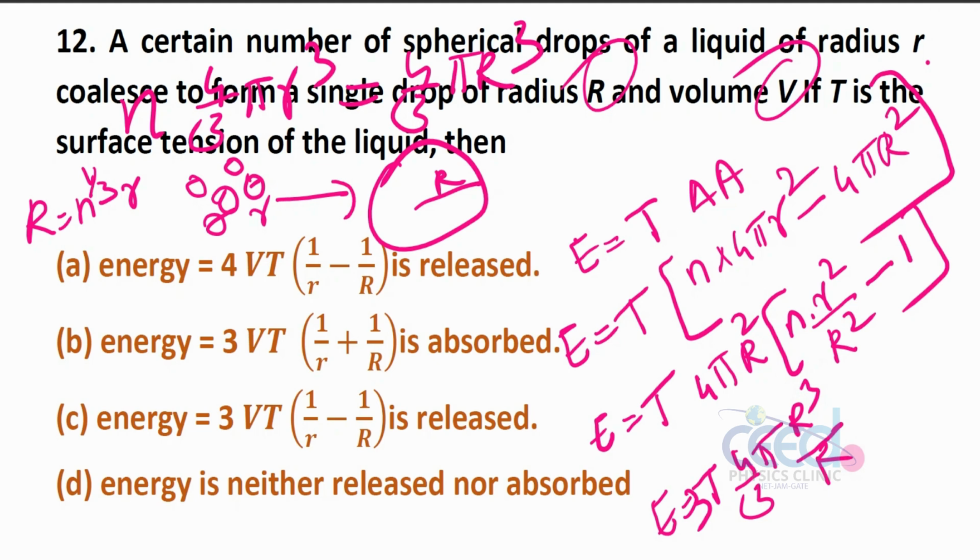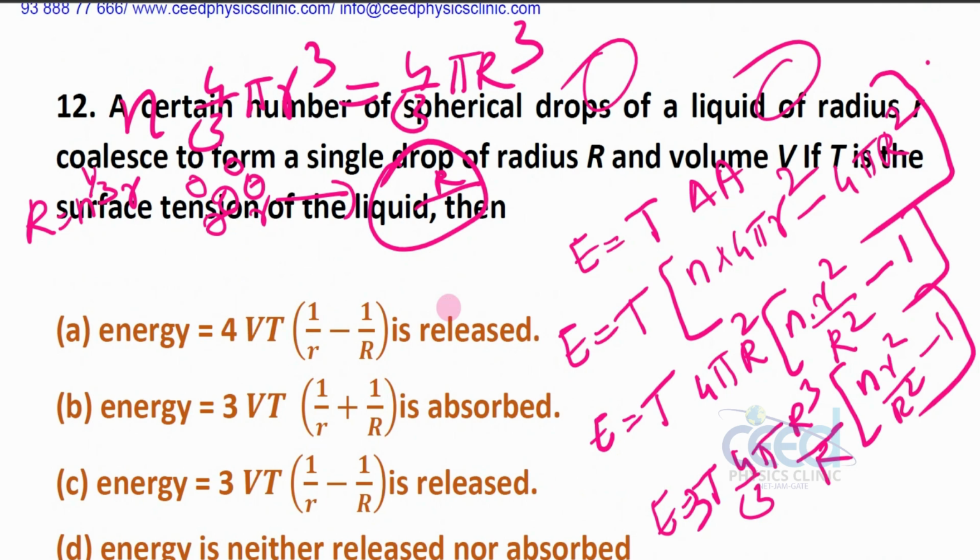Then N into r square by R square minus 1. This 4 by 3 pi r cube you may write as, now let us proceed. So let me erase this.